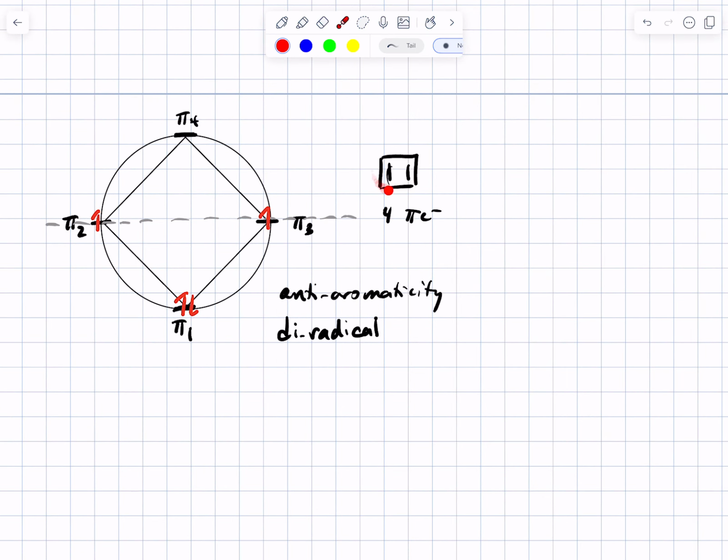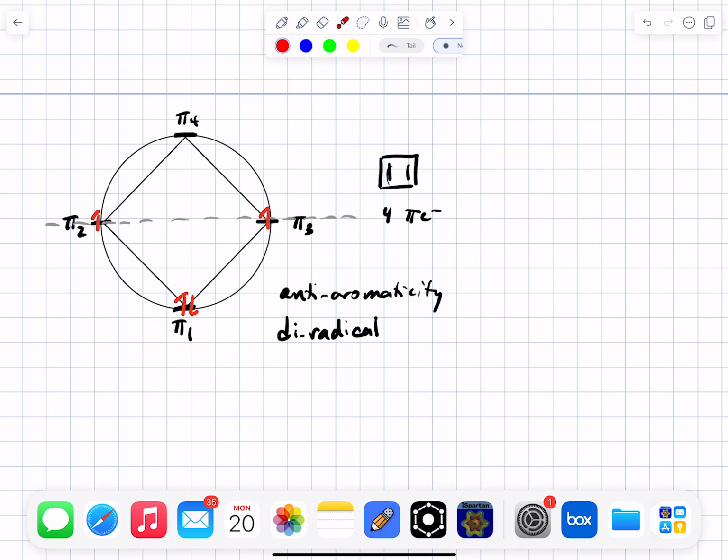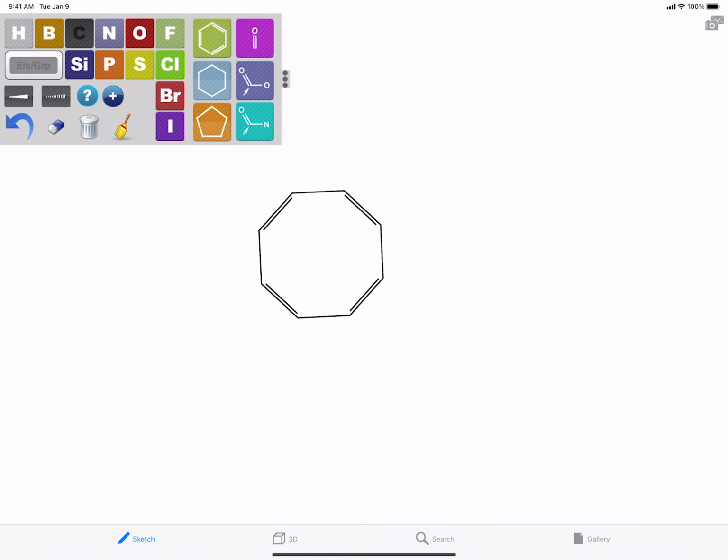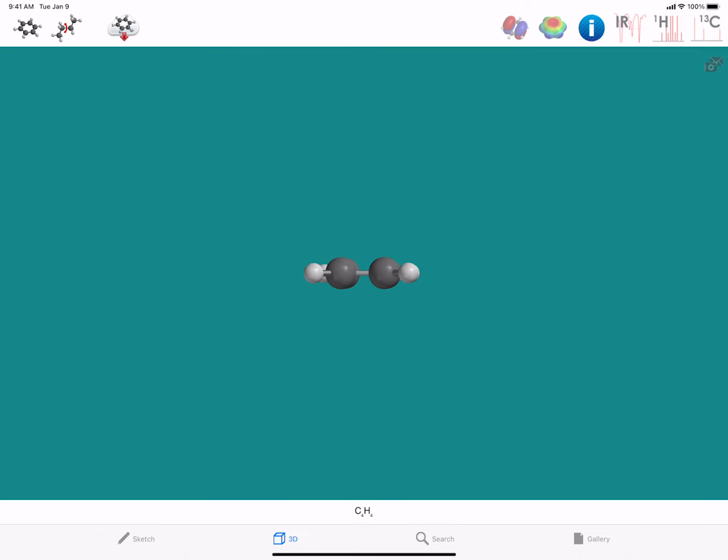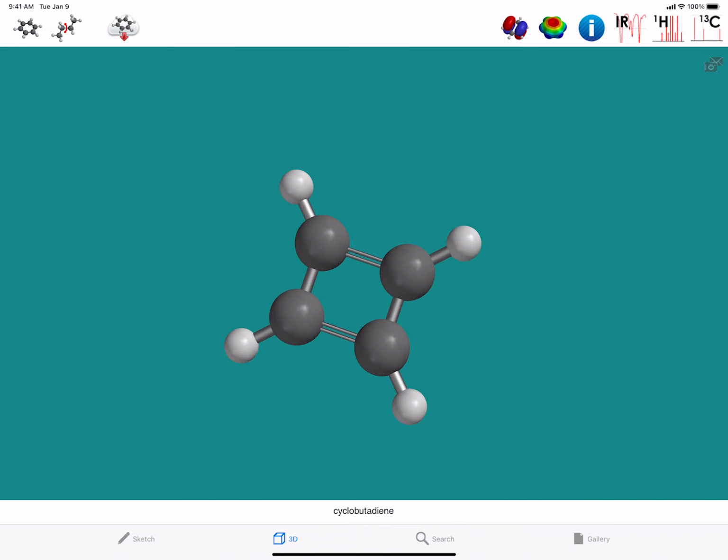But for cyclobutadiene, because anti-aromaticity is so destabilizing, as I said, it will distort its geometry so that it can avoid being planar and fully conjugated. This may be reflected here, perhaps not. Okay, yeah, it actually is. Do you see how it's lengthened those pi bonds?